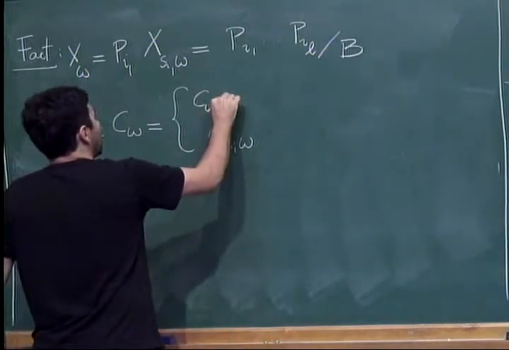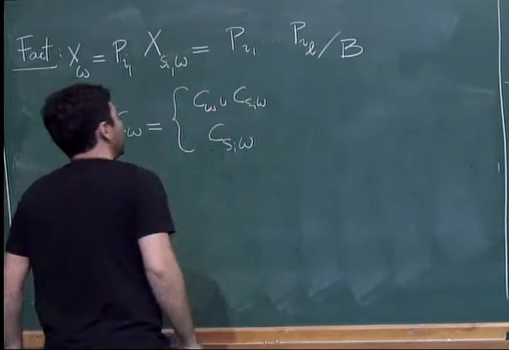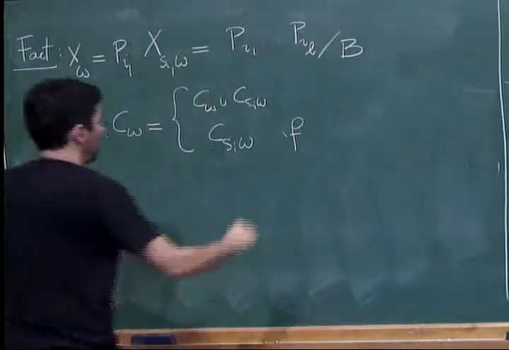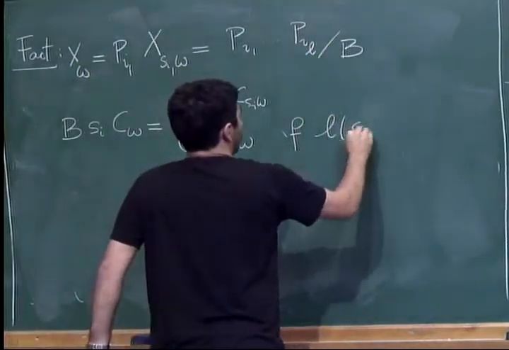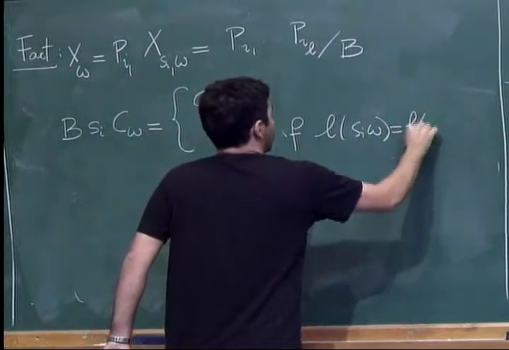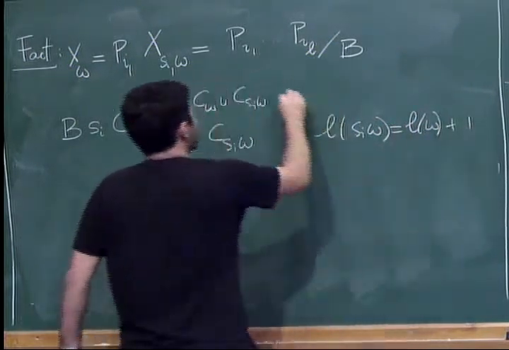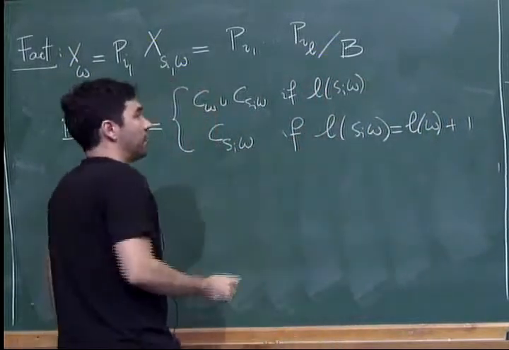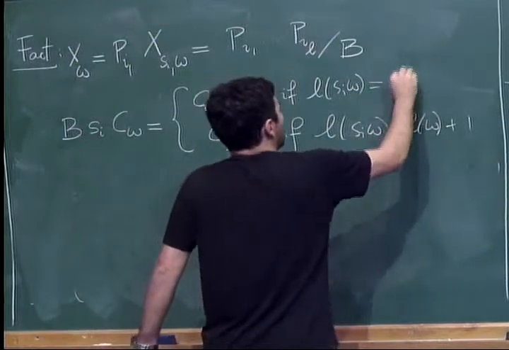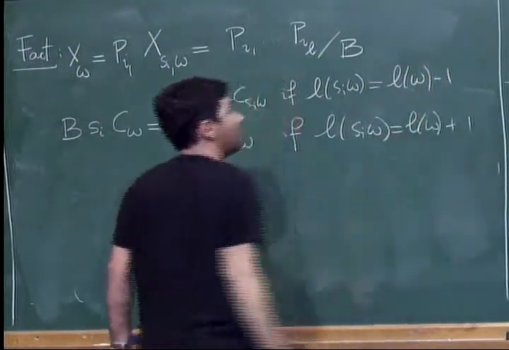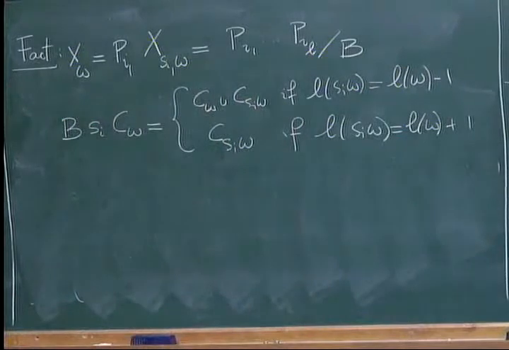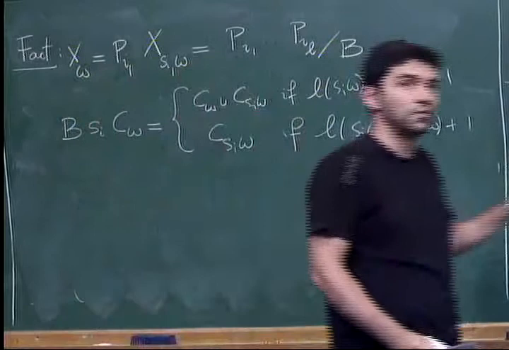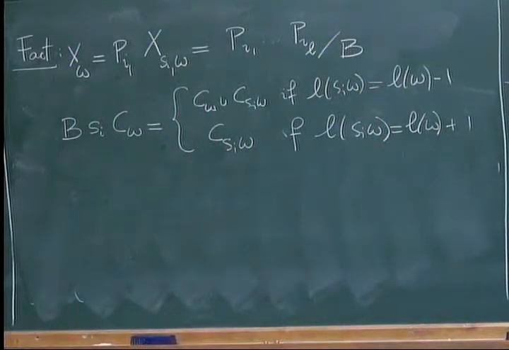You get C_w union C_{s_i w}, and the condition is this: if the length of s_i w is exactly the length plus 1. If not, that is if the length of s_i w is the length of w minus 1. This explains this inductive construction of the Schubert varieties.